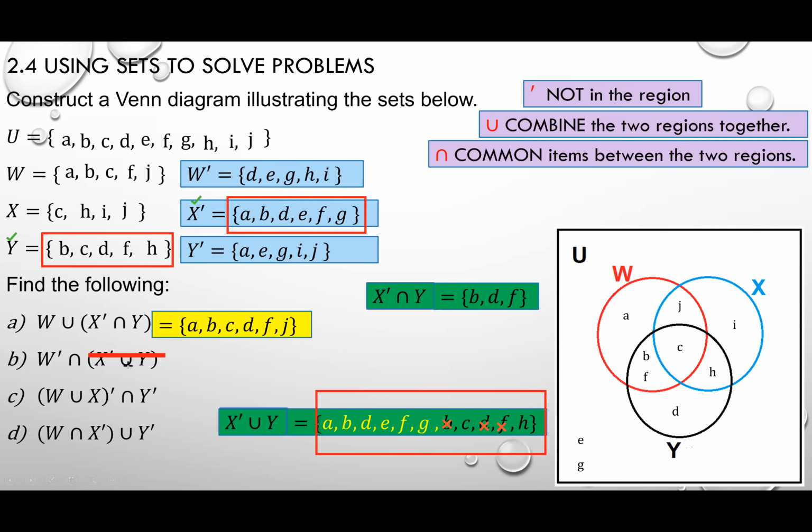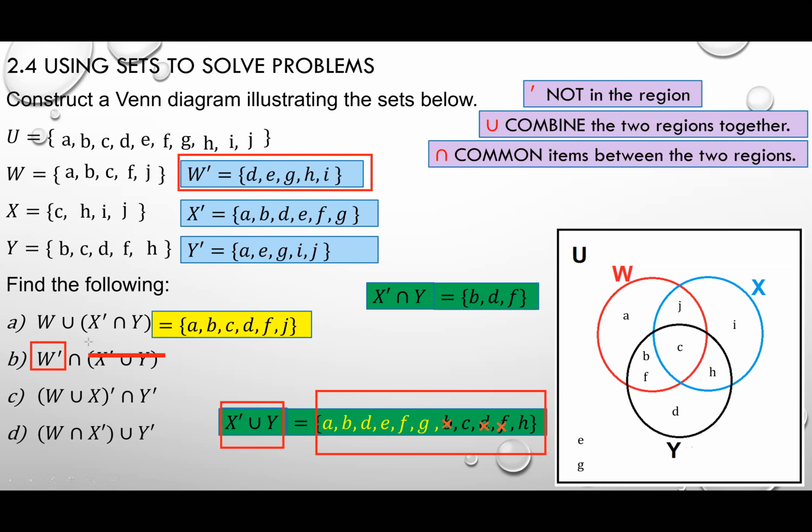Now they tell me to take this item inside my parenthesis, the thing that you just found, and take what is outside of W, which is my W prime. Between these two regions, what does the operation tell me? The operation tells me, what do they have in common?